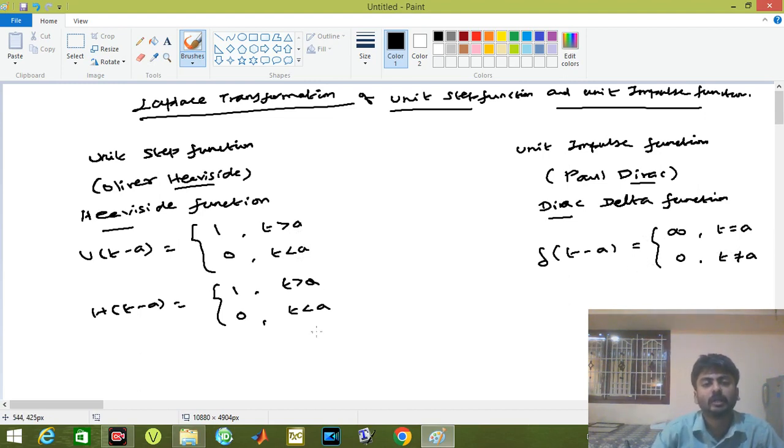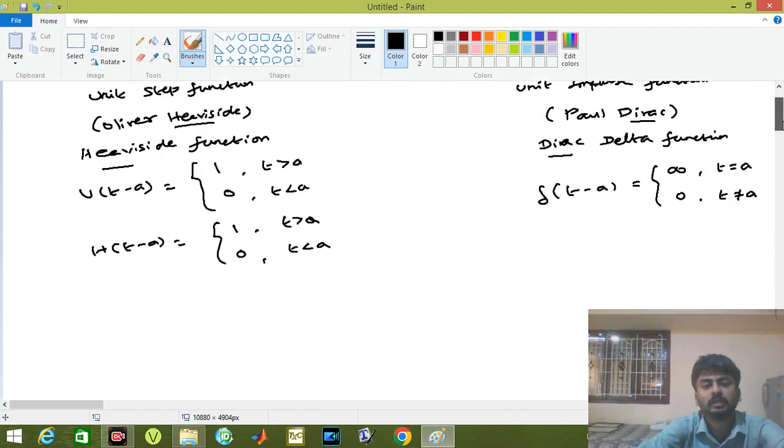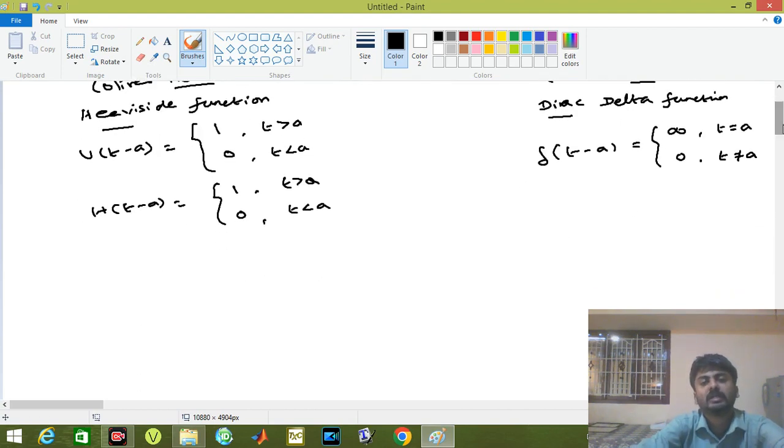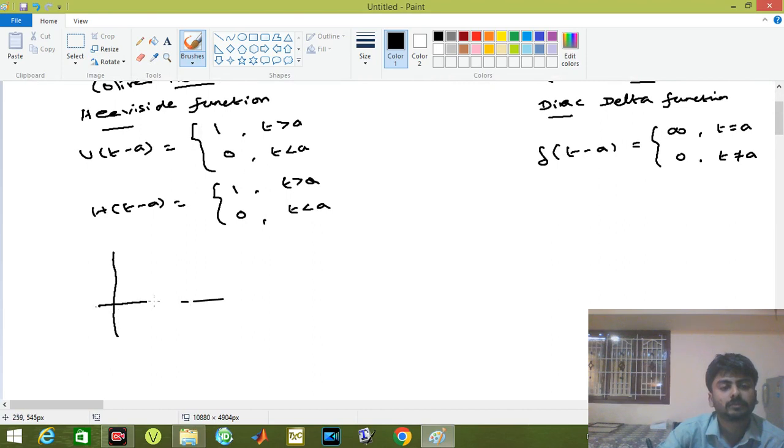So the unit step function is given by means of, see, this is your t and this is your u of t.